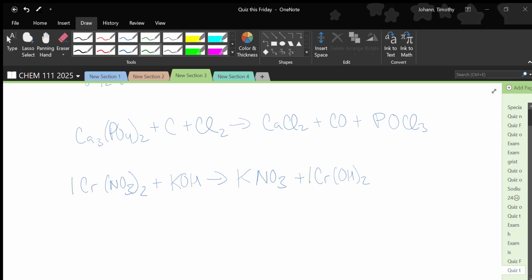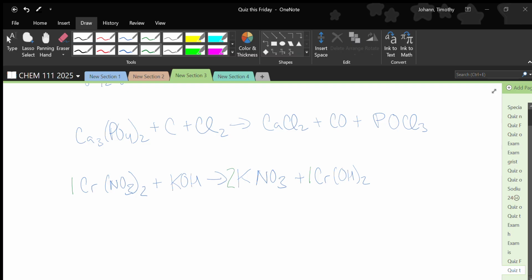So how many? I've got this 1 fixed, right? Okay. So if I take this 1 fixed, how many nitrates do I have? 2. How many nitrates over here? 1. So let's put a 2 in and see if that saves us. Okay. So in addition to picking one thing, I also like to bounce back and forth based on what I've got there.